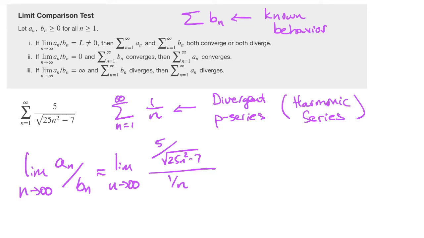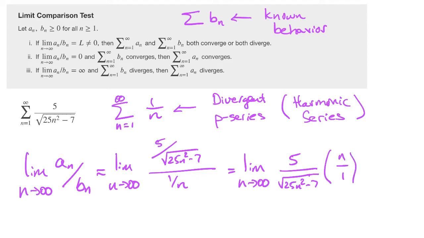That's what we're going to compare this to. If we do some algebra on that, we've got 5 over the square root of 25 n squared minus 7 times n over 1.